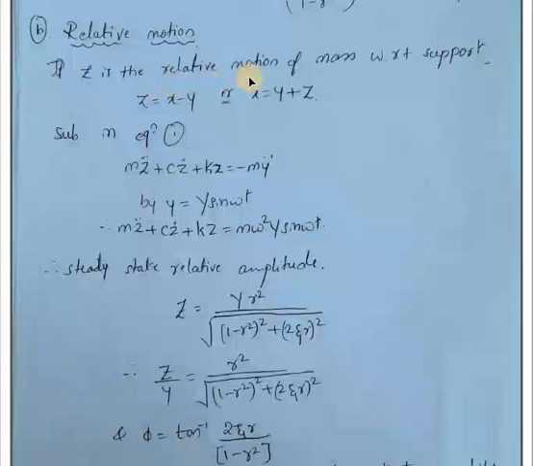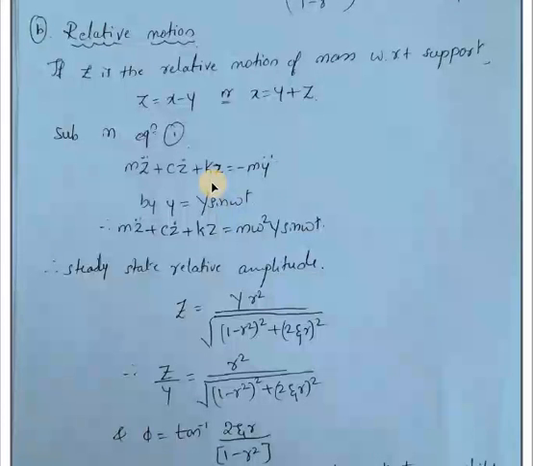Then the second one is relative motion. If z is the relative motion of the mass with respect to the support, then we can write z as x minus y, or x as y plus z. Substituting this in the equation, you get m z double dot plus c z dot plus k z equal to m y double dot, where y is Y sine omega t.